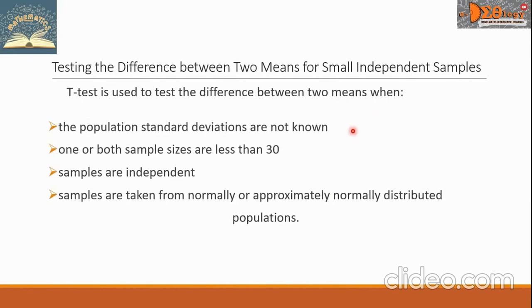Number 1, the population standard deviations are not known. Second, one or both sample sizes are less than 30. Third, samples are independent. Fourth, samples are taken from normally or approximately normally distributed populations.